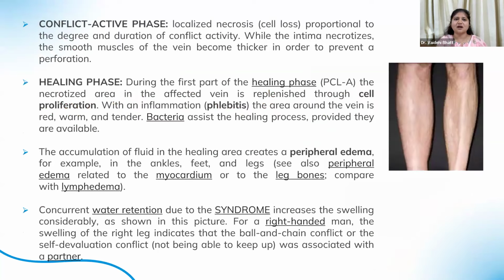So in the conflict active phase, there will be localized necrosis, necrotizing of the intima, meaning there will be valvular deformity and thickening. And in the healing phase, there will be loosening of the elasticity of the vessels that will lead to chronic inflammation and phlebitis, giving a red, warm, and tender look, and that will easily attract bacteria to infect.